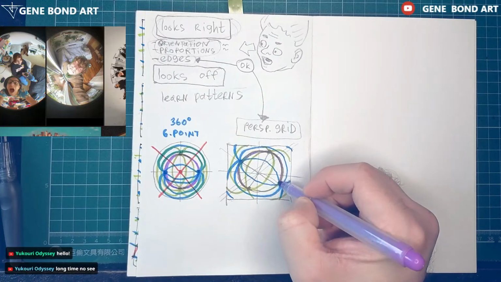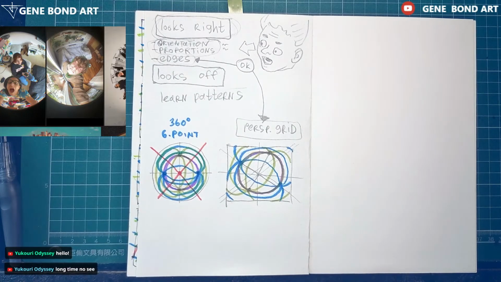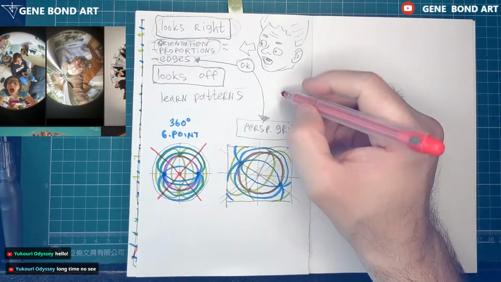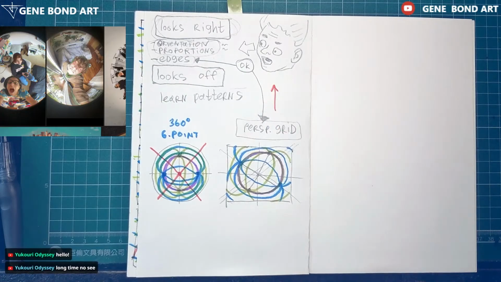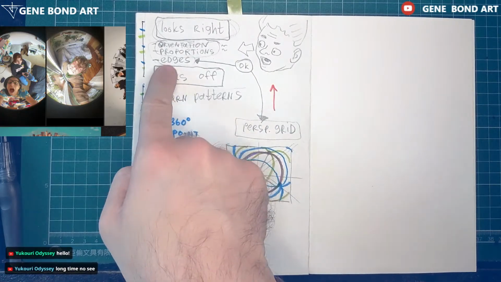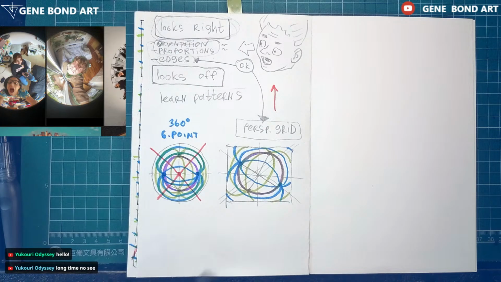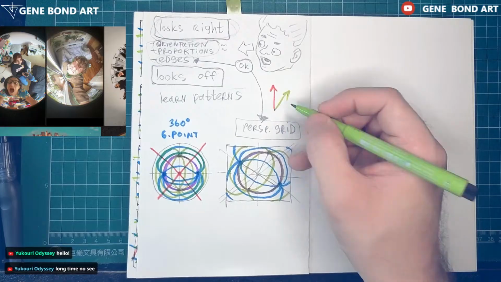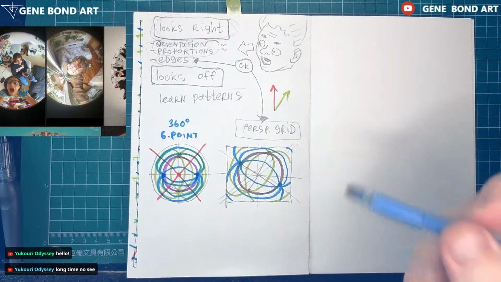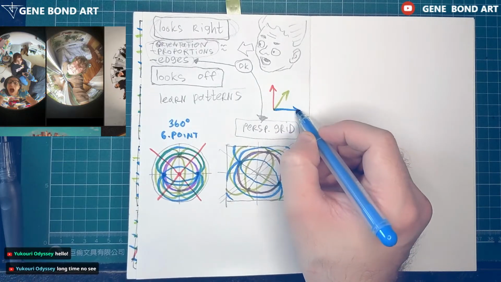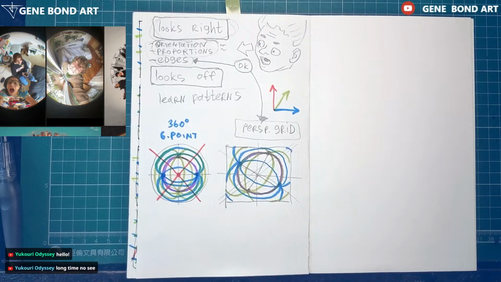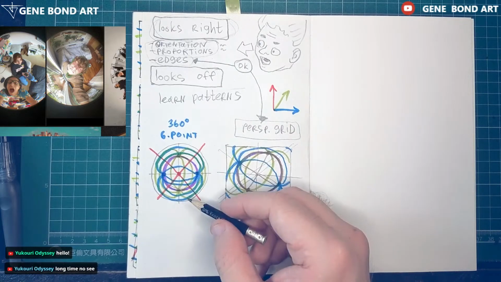So these axes, XYZ, give you the direction of edges. Now you can see how these edges will change their proportions in space. Let's say the edges of a box.